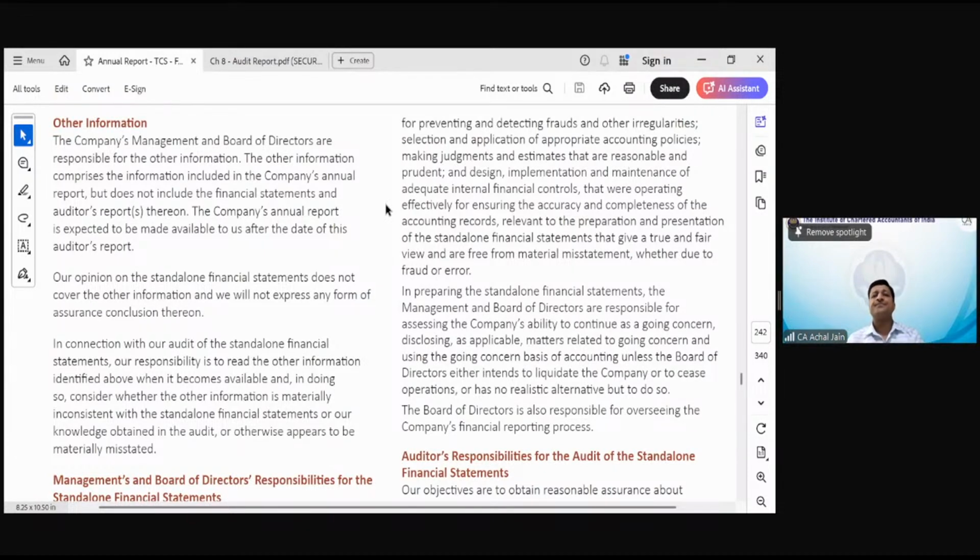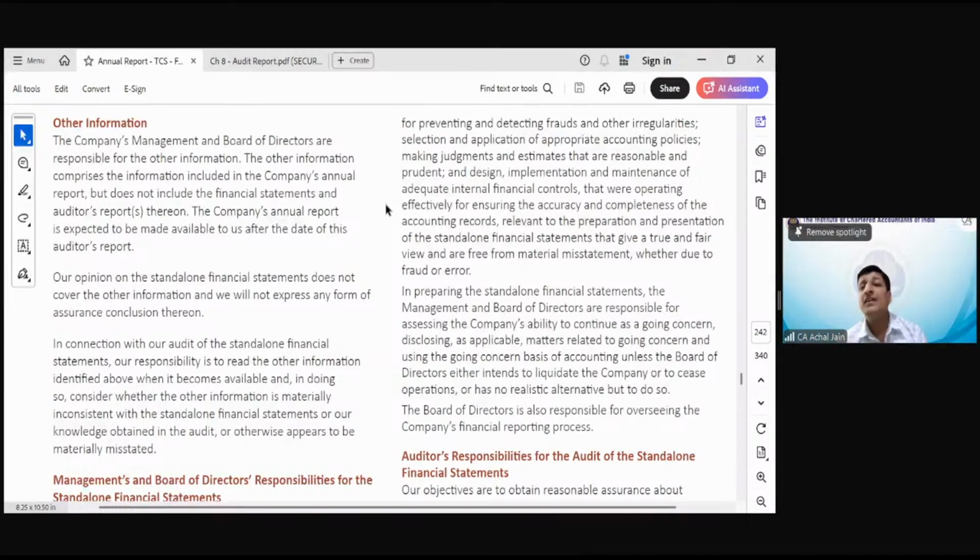Now, let's suppose you are the user of this financial statement and you are reading this audit report. You'll get to know that all of these internal controls, all of these fraud detections, all of these things around the preparation and presentation, and the accounting policies, have not been picked up by the auditor.